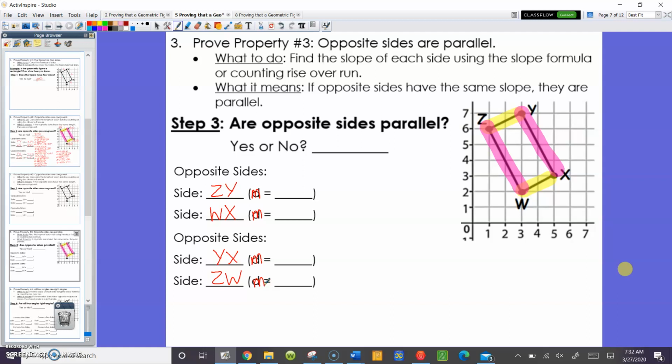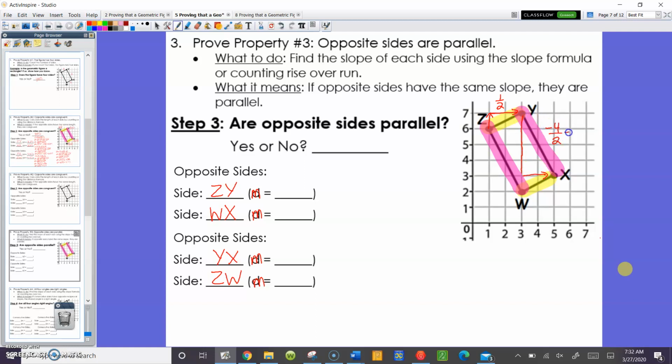Okay, so let's go ahead and find the slope of each line segment. So looking at ZY, I would rise 1, which is go up 1 and then to the right 2. So that's a positive 1 over 2. For YX, I would go down 1, 2, 3, 4, right 2.